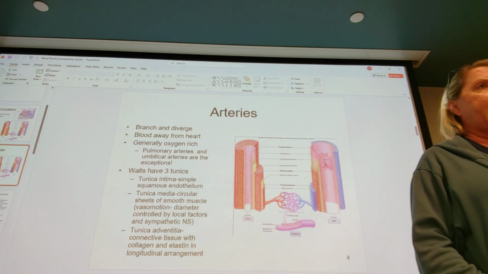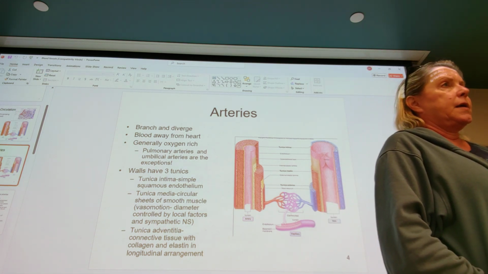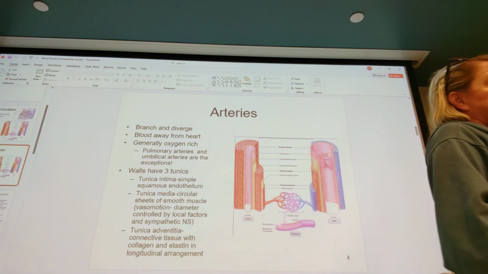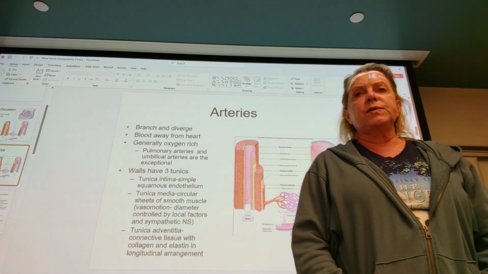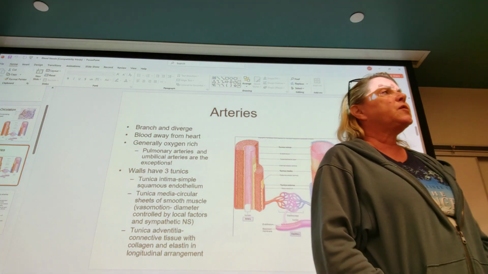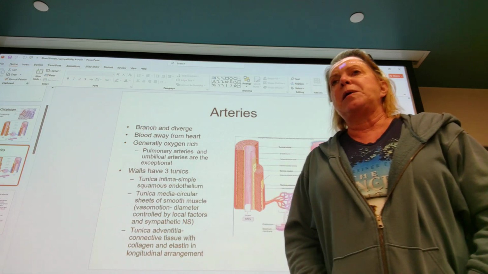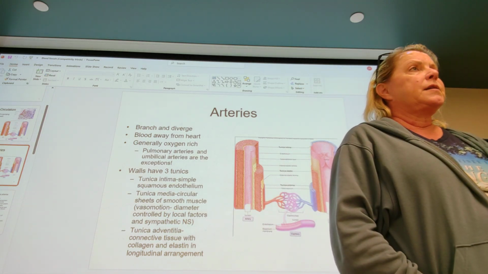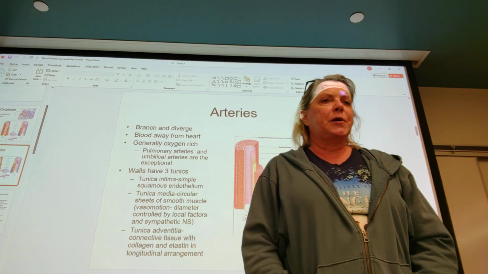Deeper to that, we have the tunica media. Think M for media, and M for middle, and M for muscle. It is made up of smooth muscle, which I'll remind you is spindle-shaped, mononucleated, non-striated, and involuntary.